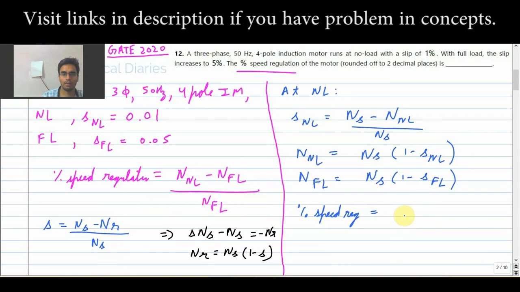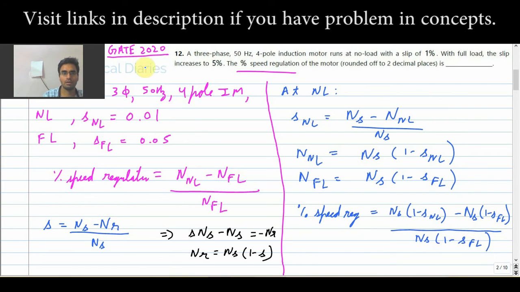N at no load is ns (1 minus s nl) minus nfl, that is ns (1 minus s fl), divided by nfl. Nfl is ns (1 minus s fl). So in this equation you just put the values of snl and sfl. Ns will cancel out, so you will get the percentage speed regulation.